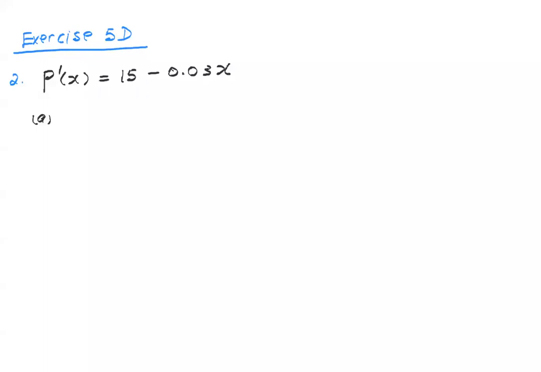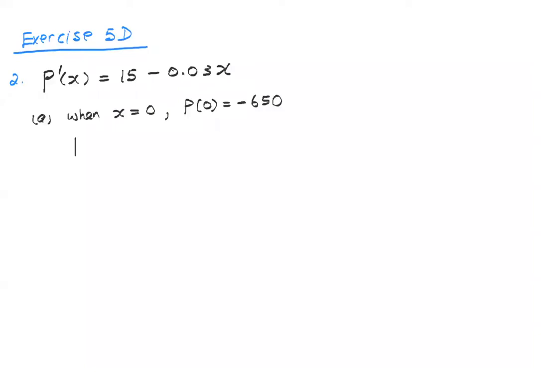So I will write down when x equal to 0, P(0) is equal to negative 650. Running a loss means your profit is negative.